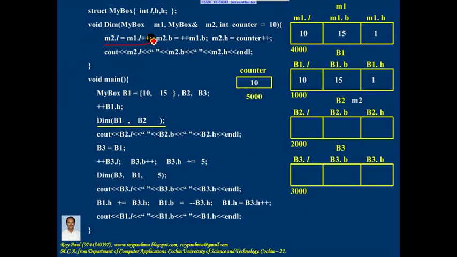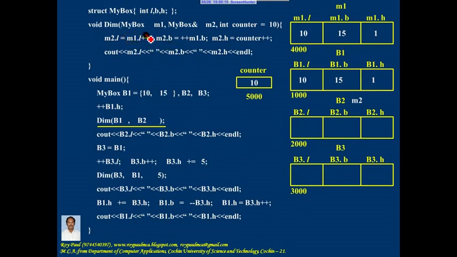The first line of the function. This one is a postfix operator because the operator comes after the variable name. The rule of postfix is use and change, which means m1.l should be used for the assignment operator, that is m1.l should be assigned to m2.l, after that m1.l++.